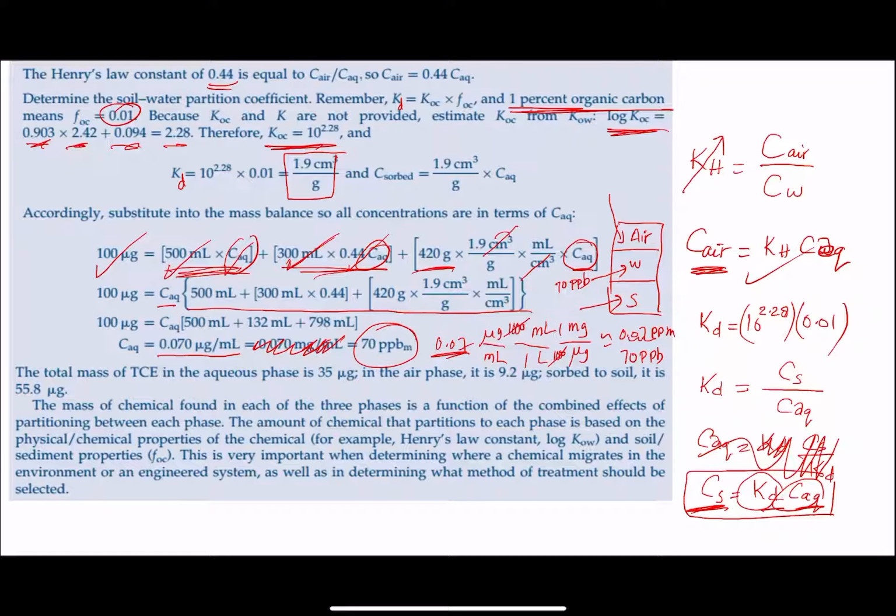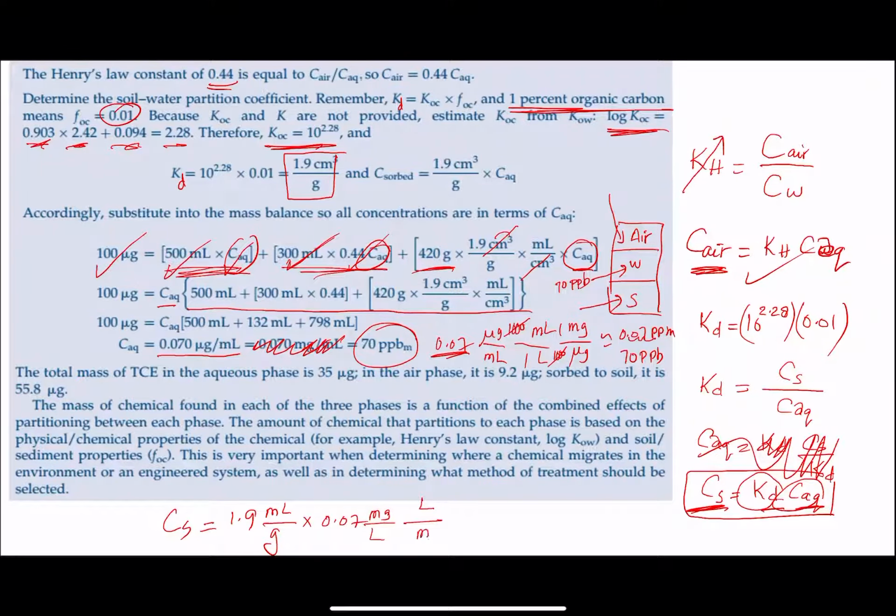For example, if you want to find out the concentration of the organic in the solid phase, it is KD. We know KD. KD is 1.9 milliliter per gram, times C aqueous. C aqueous is 0.07. If you convert microgram per milliliter, it is milligram per liter.